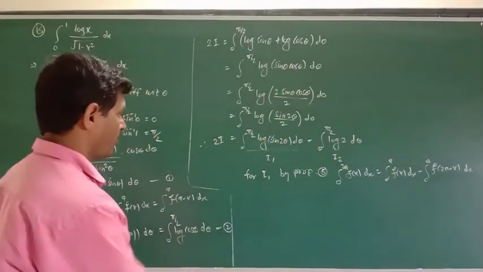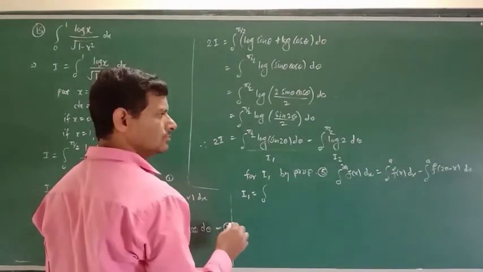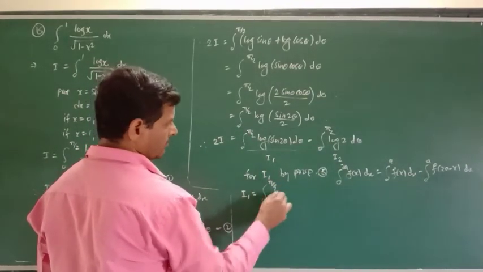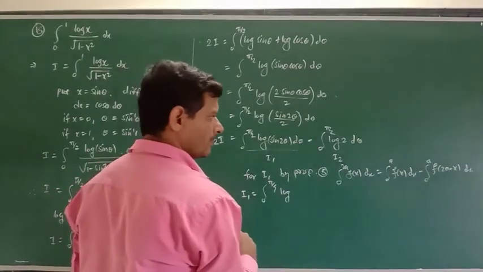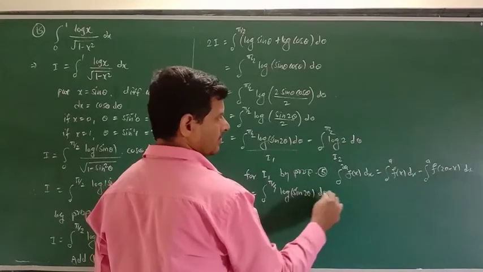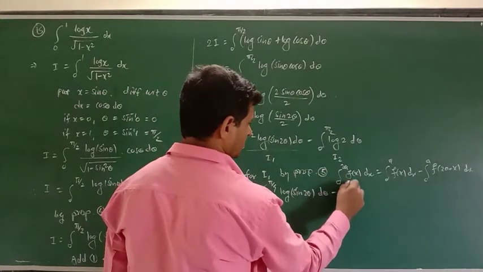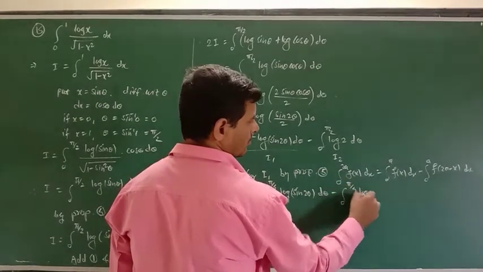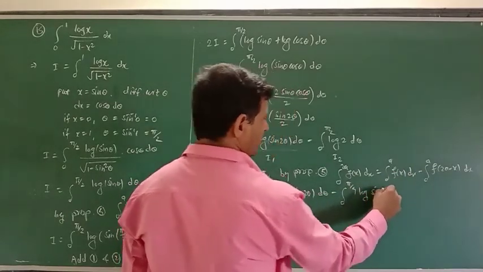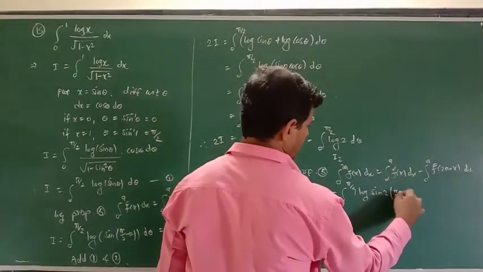By using this property, I1 is equal to the integral from 0 to a, meaning half of it, pi by 4, of log of sin 2 theta d theta minus the integral from 0 to pi by 4 of log of sin(2a minus x), with a equal to pi by 2, into pi by 2 minus theta.